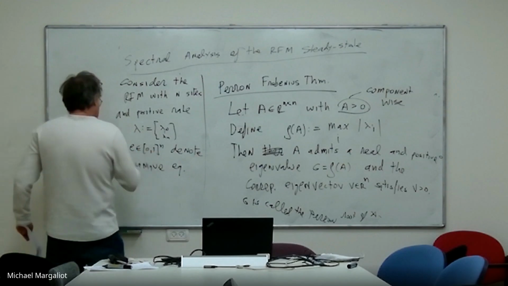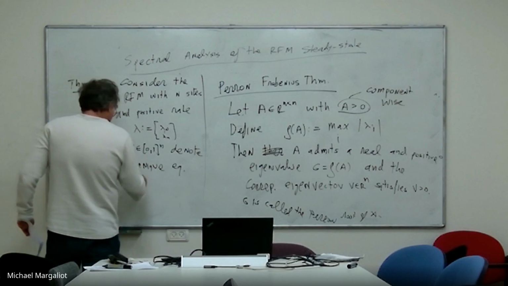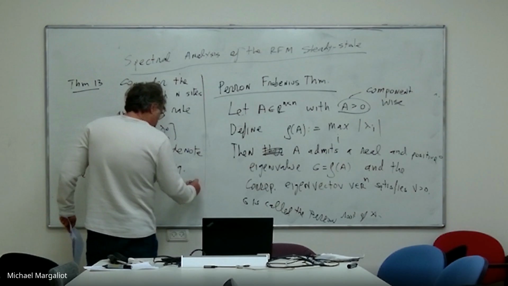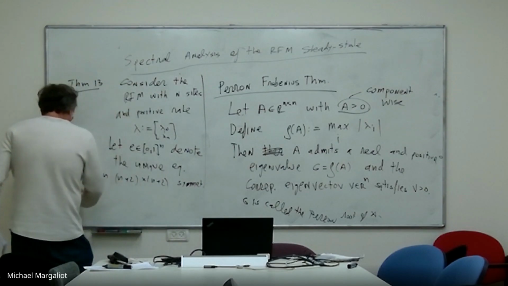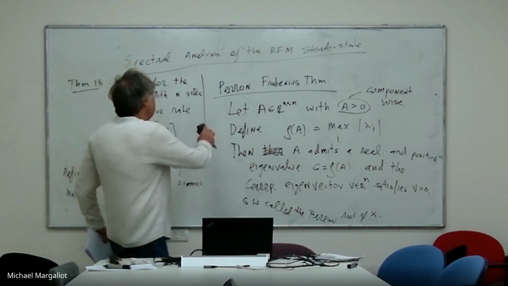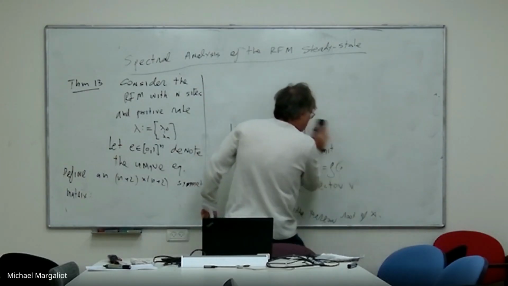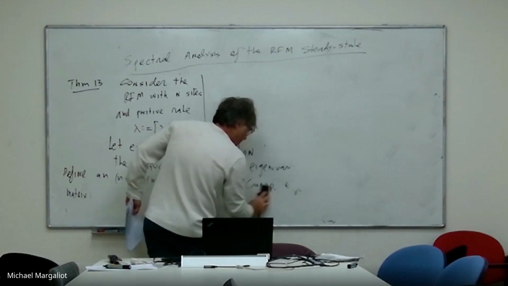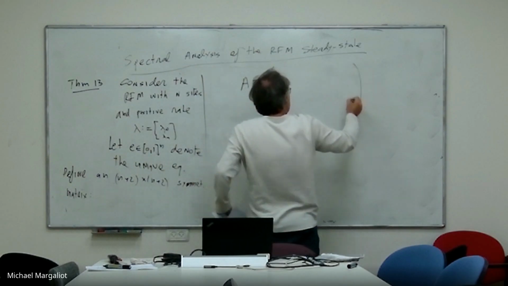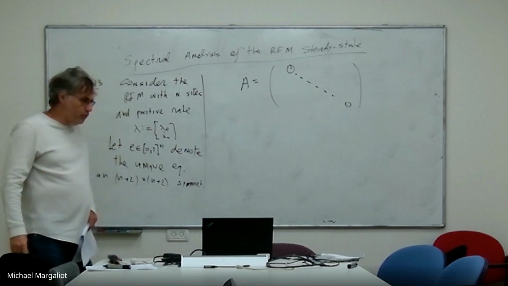Okay, now what does this theorem say? Define an n plus 2 by n plus 2 symmetric matrix like this. This matrix will be called A. Let me define it. First of all, on the main diagonal, I put zeros. So far, so good.